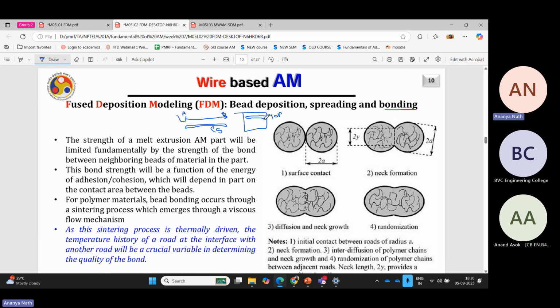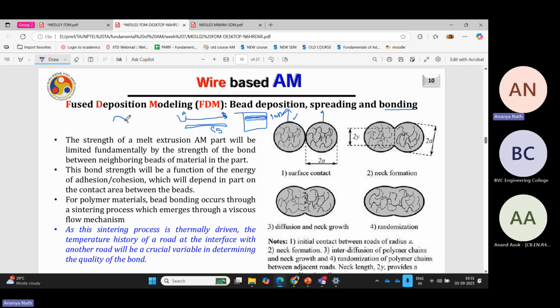Now you need to print the whole layer, so you need to print another bead adjacent to this. This is the cross section. Your first bead will move like this, and then your next bead will move like this, or you will have some overlap. This is a different picture, but I'm just showing you as an example.